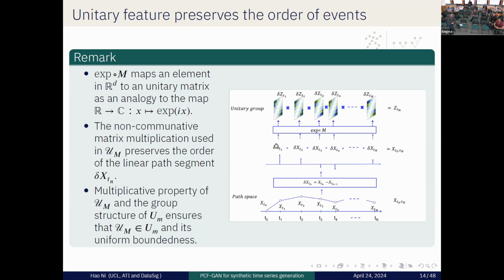And for each linear segment, we use this matrix exponential composed with a linear map to map the eigenvalued increment to the matrix in the unitary group. Then we multiply the unitary matrix for each linear segment to get the unitary feature of the entire path.